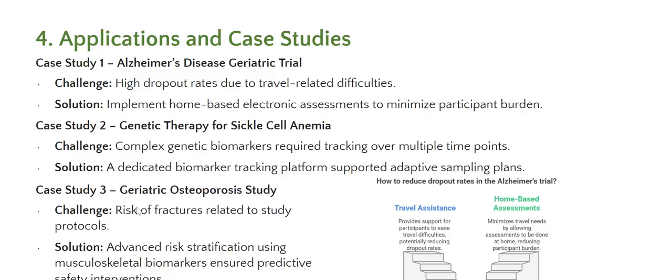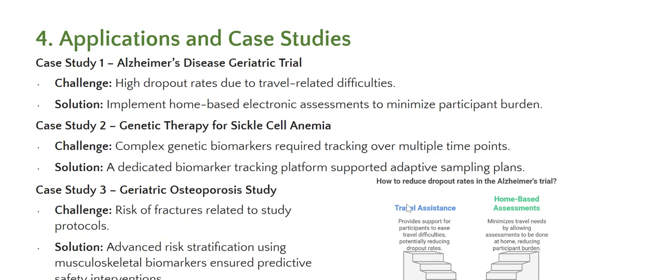Case study 3: geriatric osteoporosis study. Challenge is the risk of fractures related to study protocols. Resolution for that: advanced risk stratification using musculoskeletal biomarkers ensured predictive safety interventions.